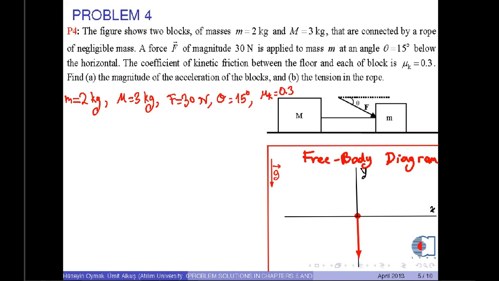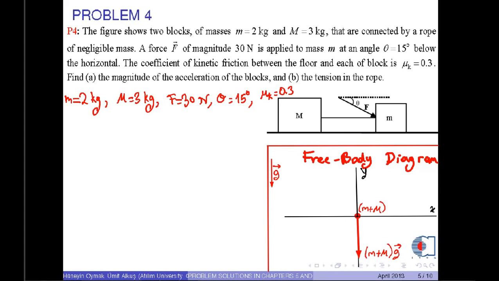Since the total mass of the system is small m plus capital M, the gravitational force is gravitational vector g multiplied by small m plus capital M. The common mistake made by many students is to take the magnitude of the normal force as only the magnitude of this gravitational force.